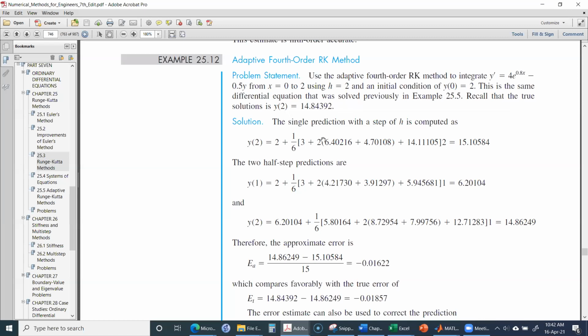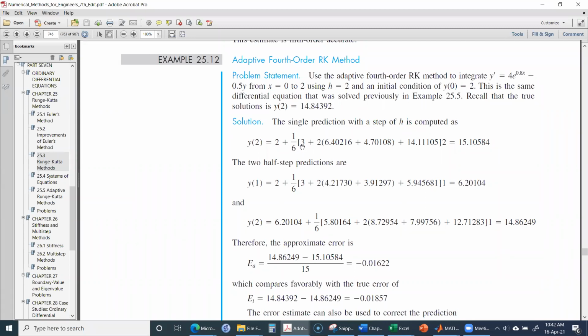If we apply the fourth order Runge-Kutta method with the step size of 2, we will find this solution, 15.10584. We have already done this type of numerical problem.